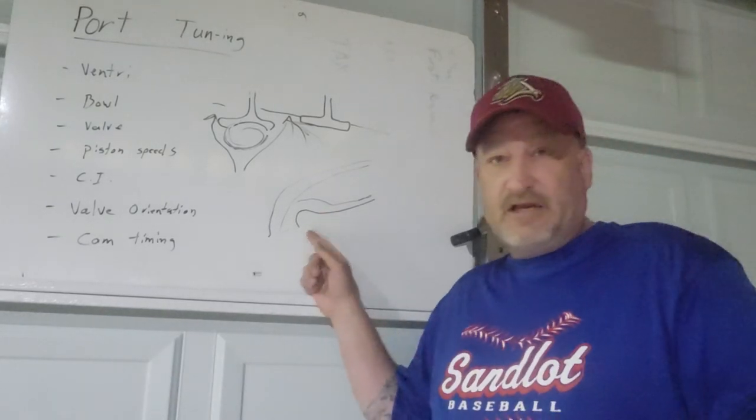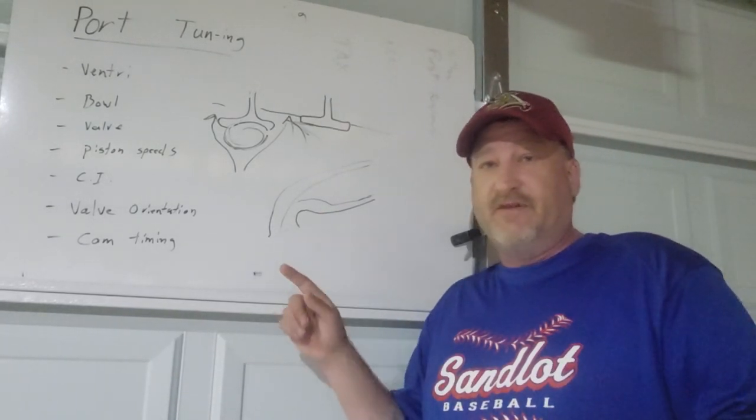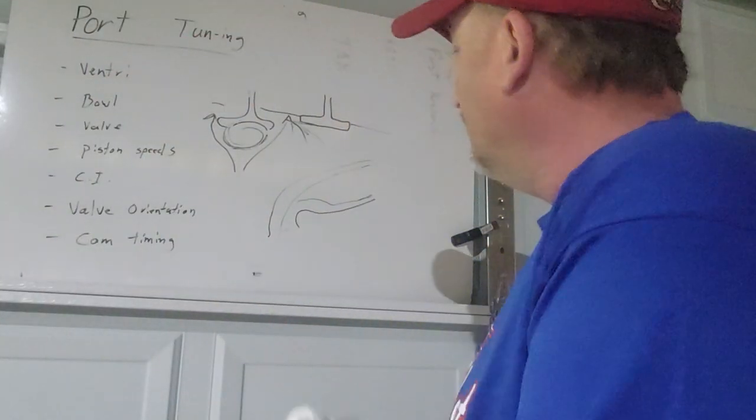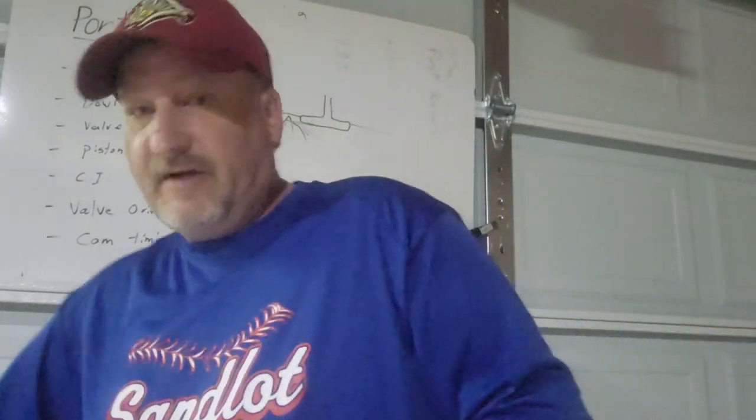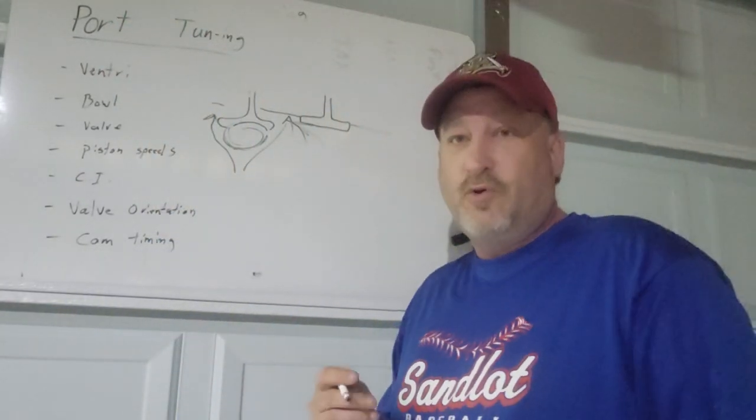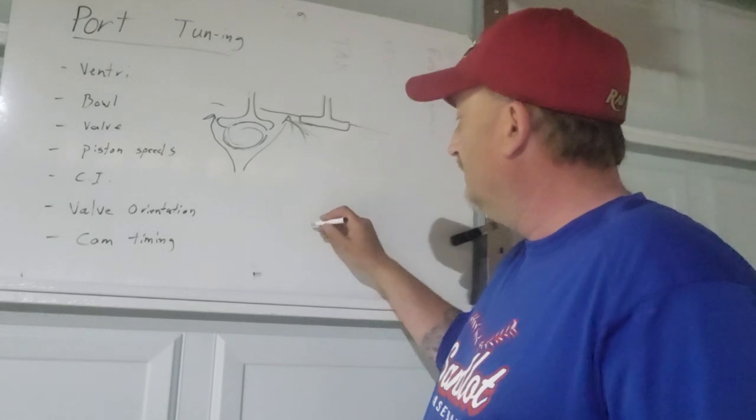The ramp is fairly close to the actual bowl area of the cylinder head. Oldsmobile is probably the most extreme variant of this port tuning and the ramp going into the cylinder head itself.